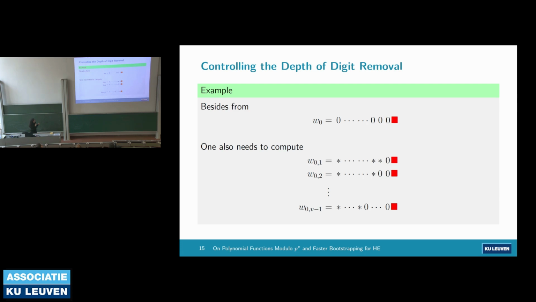Computing w01 will cost less multiplicative depth than computing w0, and its second least significant digit is already guaranteed to be 0. That means it's sufficient to do the extraction of w1, the second least significant digit. Similarly, all the other expressions are used to extract other least significant digits while controlling the depth.